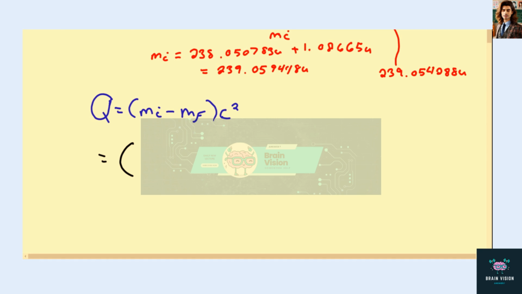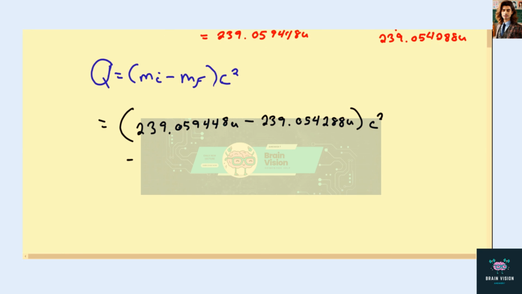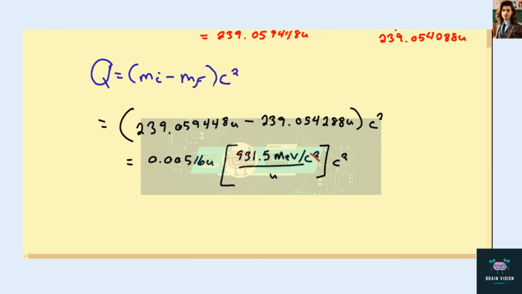Okay, so here we're just going to plug in the information I just wrote down. 9448 U minus 239.05428 U. Yeah, the speed of light. So with this, we have 0.00516 U, and we need to get into MeV. So we're just going to times it by 931.5 MeV divided by C squared. U here, C squared. Our units cancel out.